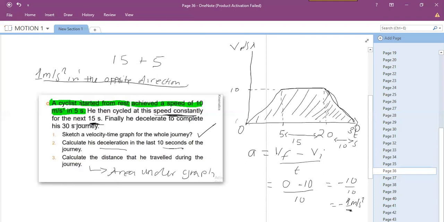We won't waste time. You have to use the formula for a trapezium. We can't say triangle, rectangle, and triangle and add everything, as that would be wasting time in the exam. We'll use the formula for area of the trapezium, which you have to know. The area under the graph represents the distance traveled.